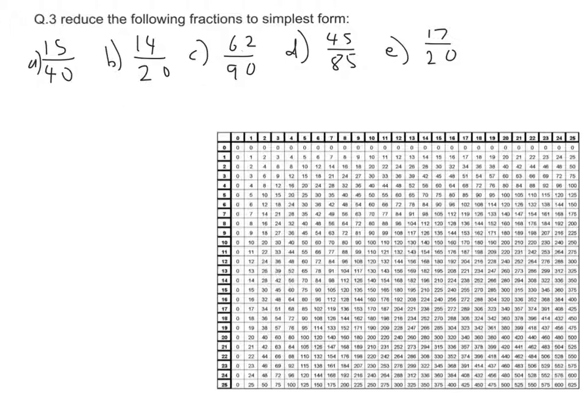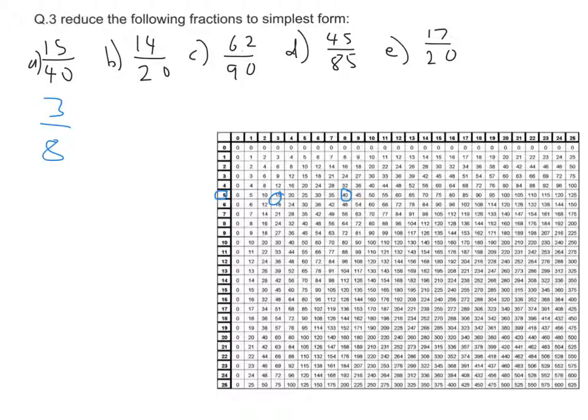So in this case, I can see that there's a number 15 over here, and there's a number 40 over here. So I know that the common factor is the number 5. So 15 divided by 5 is 3, and 40 divided by 5 is 8.